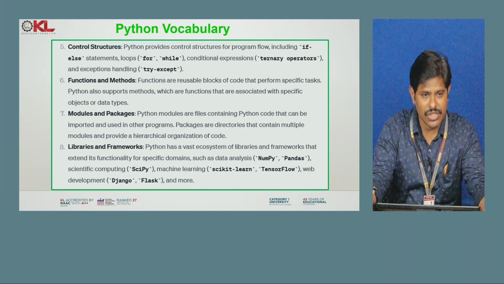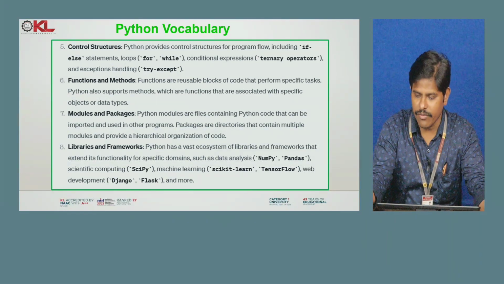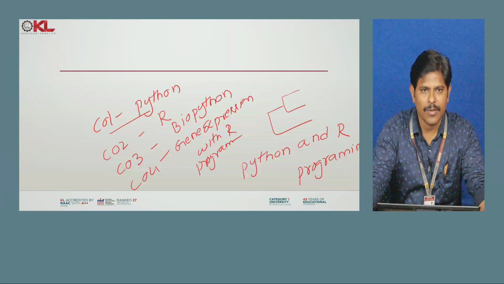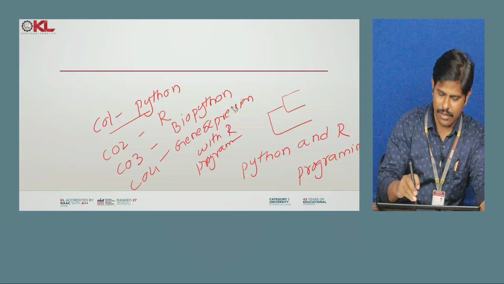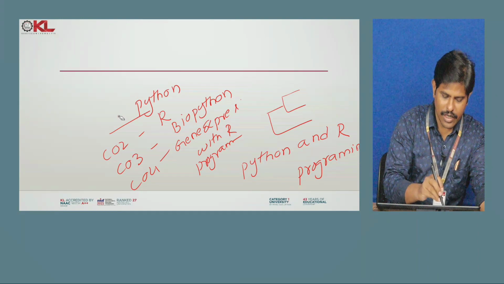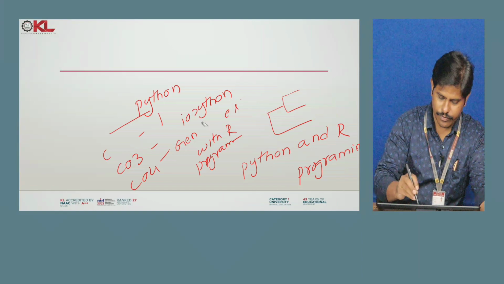And you have functions, modules, packages, libraries and frameworks. So if you try to put all these things together, you can say something like this. Let me try to put all the eight vocabulary items of Python.